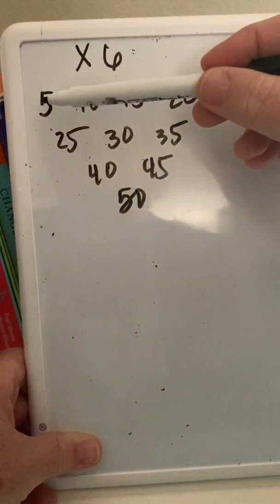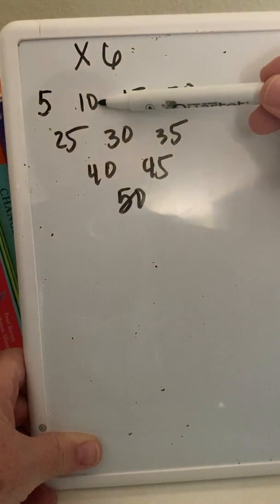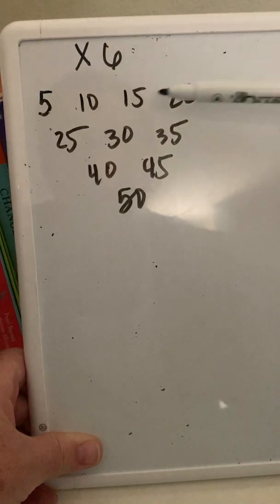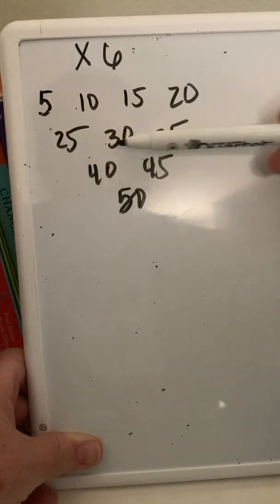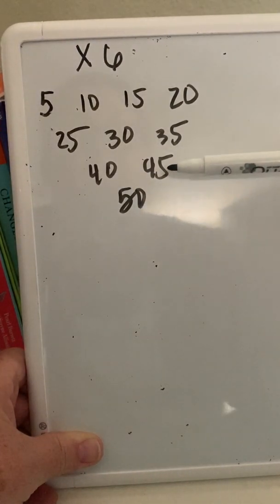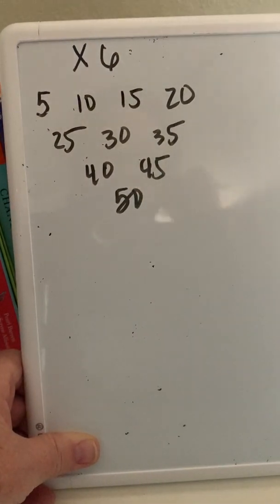So 5 times 1 is 5, 5 times 2 is 10, 5 times 3 is 15, 5 times 4 is 20, and you keep going, 5 times 5, 5 times 6, 5 times 7, 5 times 8, 5 times 9, 5 times 10.